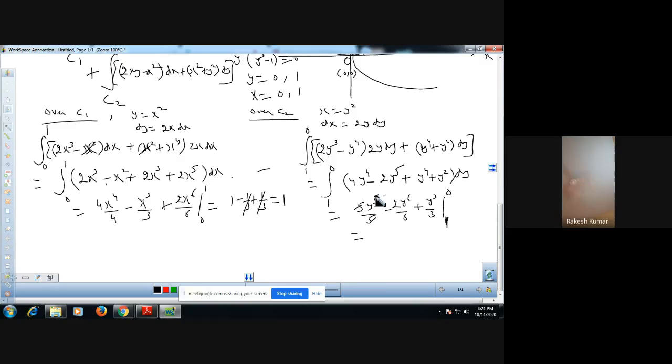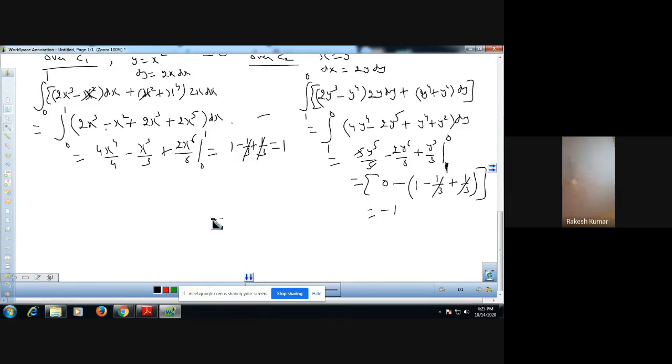For upper limit 0, all the values will be 0, and for lower limit 1, this is 1 minus 1 by 3 plus 1 by 3. So this is cancelled. Negative 1 is the value. This was your positive 1 over C1, and over C2 we have negative 1. And when you find the sum total, this comes out to be 1 plus minus 1. So the left hand side comes out to be 0.